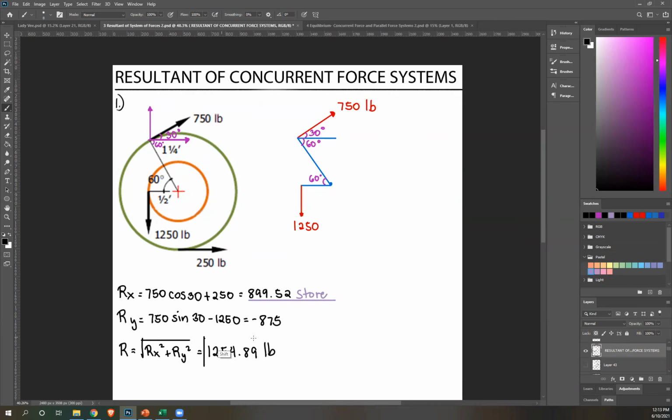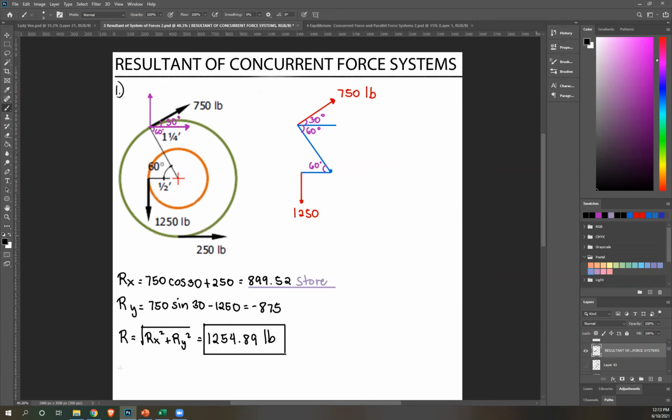Okay, so this is the magnitude of the resultant. Next step is to get the inclination, which is your theta. And theta is just arctangent absolute value of Ry over Rx. Or you can just ignore the sign and input the values. Okay, Ry over Rx. Solving for that, we get positive 44.21 degrees.